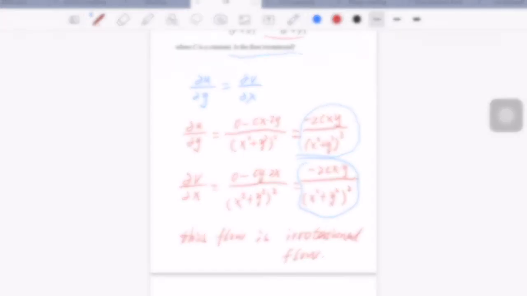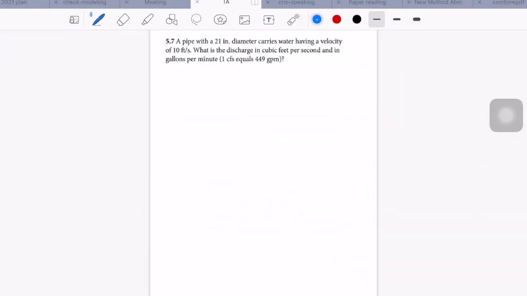For the first problem, we need to determine the discharge in cubic feet per second and in gallons per minute. And we know Q should be equal to V times A. From the problem, the velocity V is 10 feet per second. And A should be equal to pi divided by 4 times d squared. And we know D equals 21 inch equals 1.75 feet.